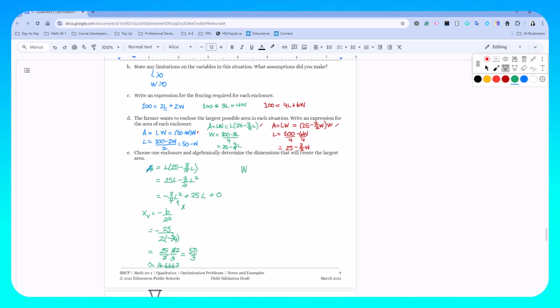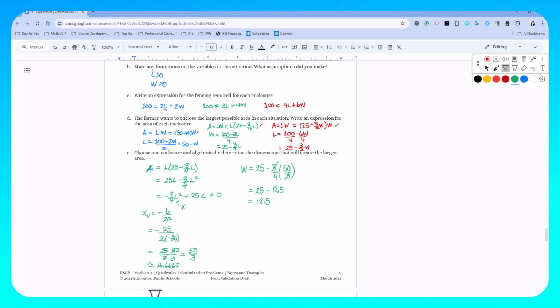And we said that our W equals 25 minus 3 over 4 times, now we got this 50 over 3 right here. Oh, that kind of looks nicer because look, we got these 3's canceling out. So we get 25 minus 50 over 4. Well, that's 12.5. And 25 minus 12.5 is actually 12.5. So what are the dimensions?